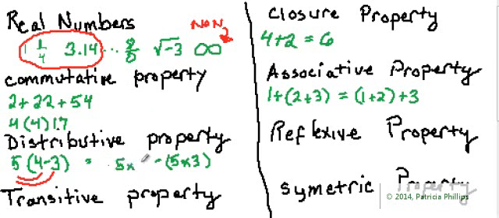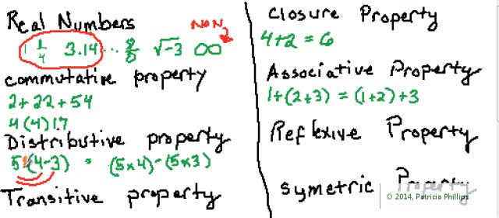Okay. So, when you have the 5 on the outside, and then you have something going on in parentheses, you just distribute that 5 amongst everything inside. And notice how there is nothing right here.